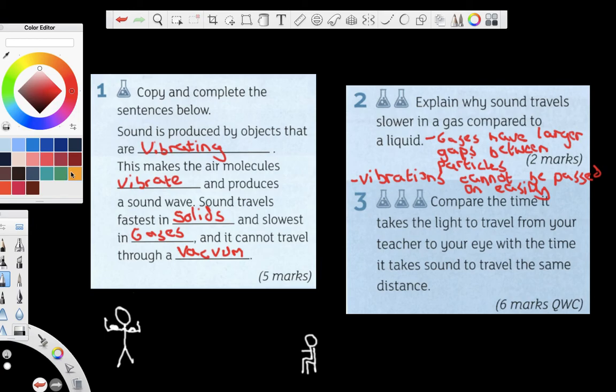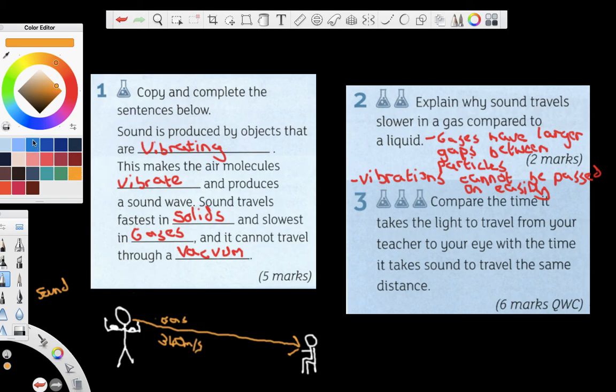If we're talking about sound waves, in orange I'm going to put sound. The sound is travelling through the air, which is a gas, so the medium is gas, and it's travelling at 340 meters per second.